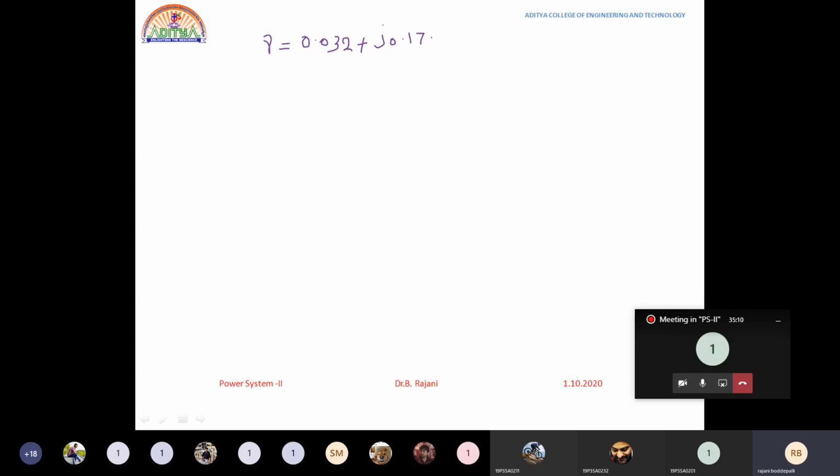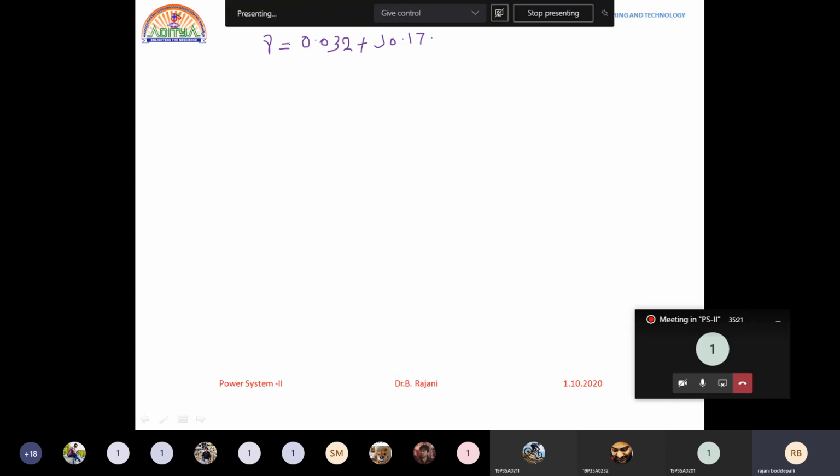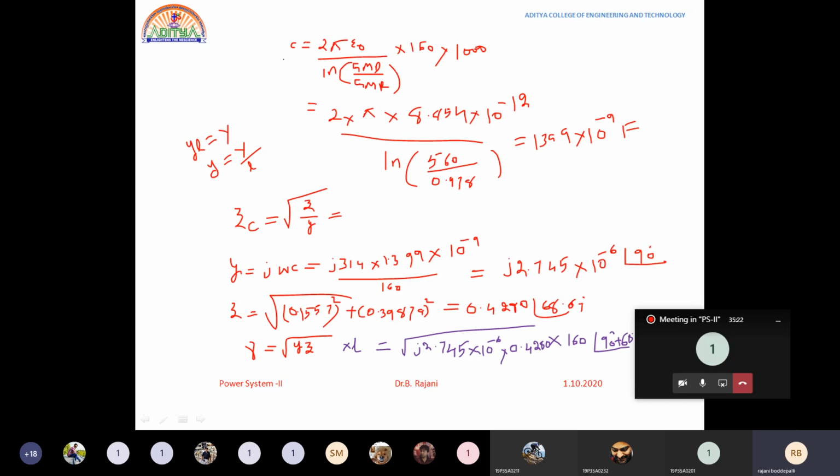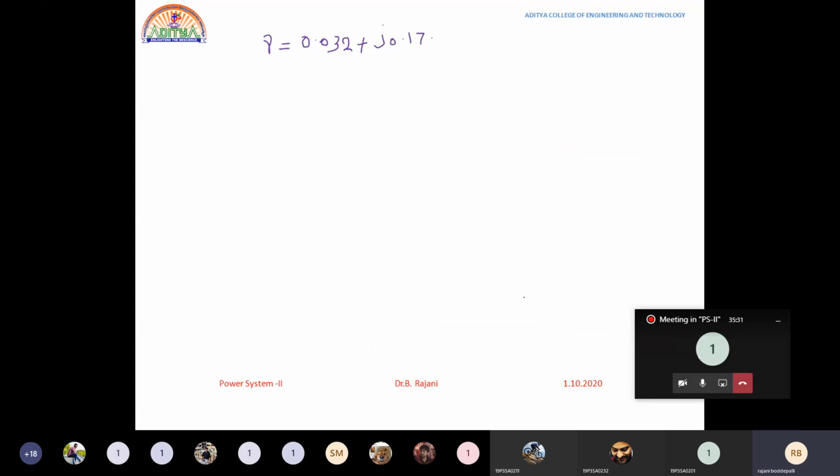Now this is the value of gamma we are having. Now we know the value of gamma L, which is nothing but gamma into L. This gamma into L is this value, right? Whatever we are having is gamma into L value.